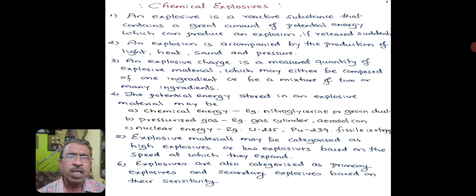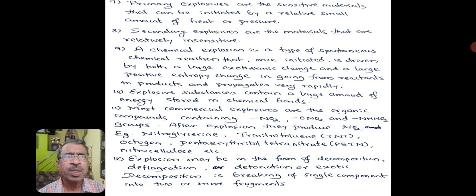These explosives are also categorized in another way, as primary explosives and secondary explosives, based on their sensitivity. Primary explosives are sensitive materials that can be initiated by a relatively small amount of heat or pressure.